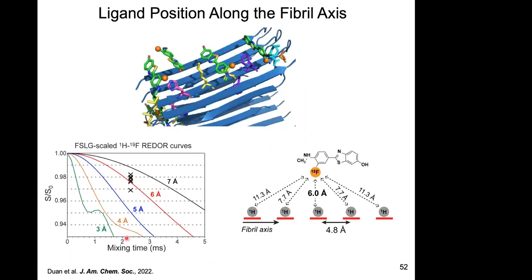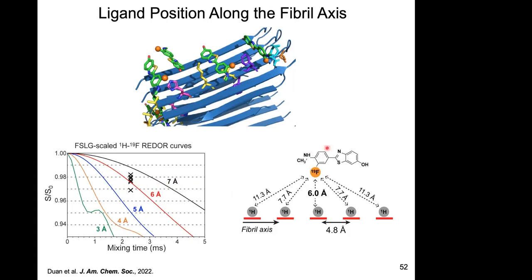And then, to say a little bit more about the translational nature of this ligand along the beta strand axis, you have hundreds to thousands of these beta strands having the same structure. They're hydrogen bonded, 4.8 angstrom for every rung of the ladder, you move 4.8 angstrom. So we think that based on the rough dephasing, we get distances generally around 6 angstrom, let's say between 5 to 7 angstrom.